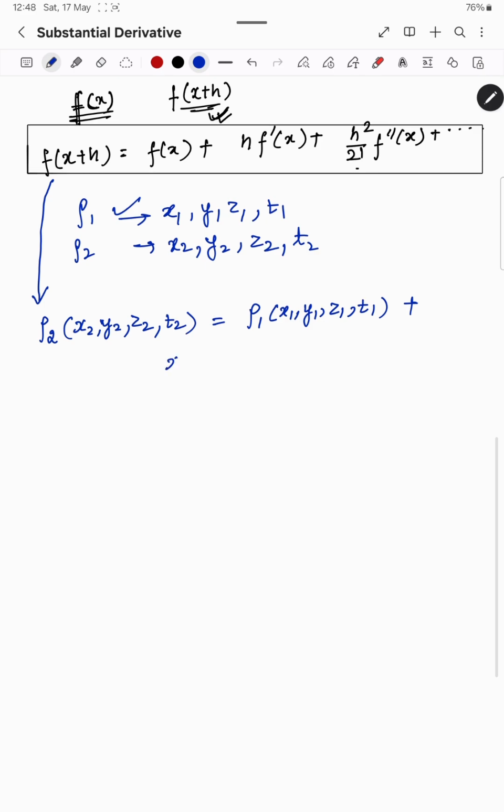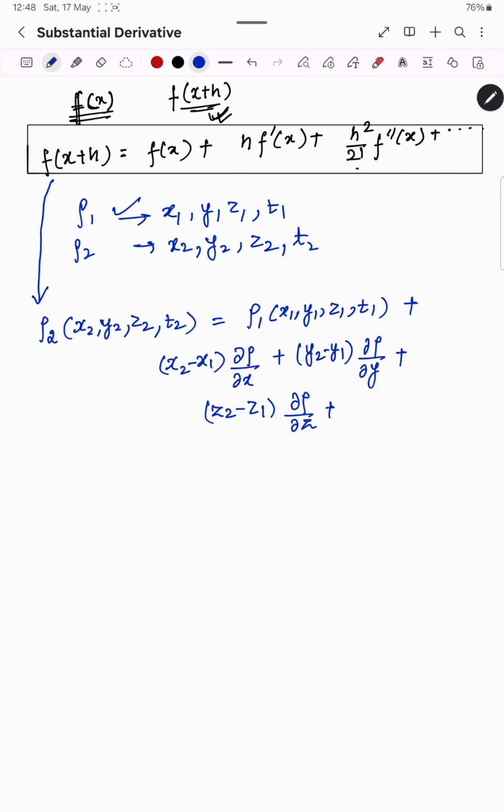First for x, that is x2 minus x1 times the derivative of density with respect to x. Again y2 minus y1 times the derivative of density with respect to y, z2 minus z1 times the derivative with respect to z, and t2 minus t1 times the derivative of density with respect to time. We have expanded Taylor's theorem to 3 axes, and also included the time axis.